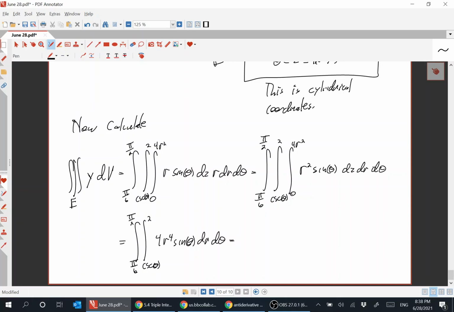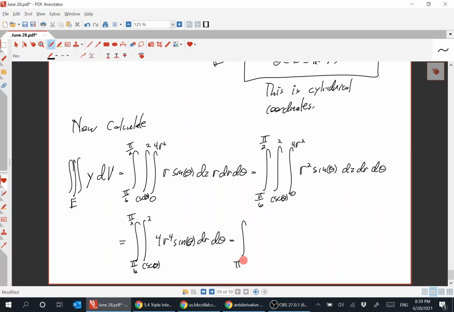So what do we have here? Antiderivative with regard to r. So the sine theta is just a constant.